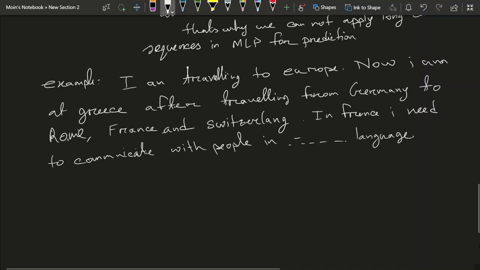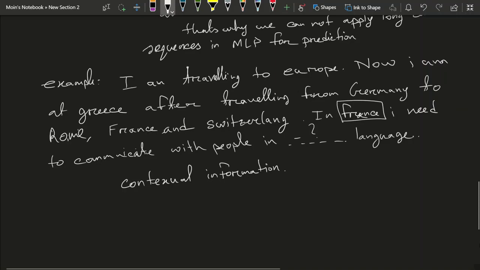Here you can see that in the fill in the gaps, the language to be provided will be contextual information. And because the recurrent neural network can process sequences, it can go and extract the information of France. Also, in France there is some communicative process of French.